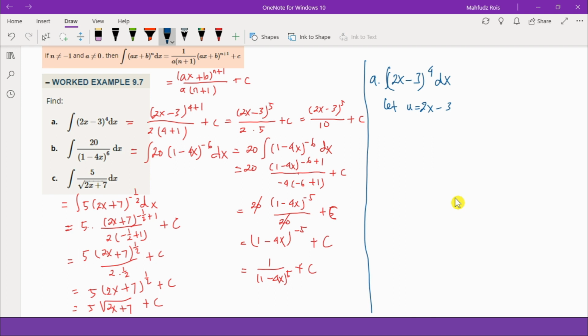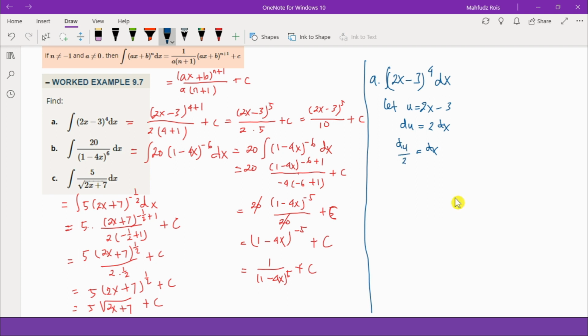Then du equals, if we differentiate 2x minus 3, 2 dx, right? Since in this integration we have only dx, dx will be equal to du over 2, right?